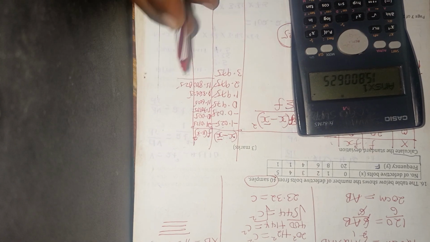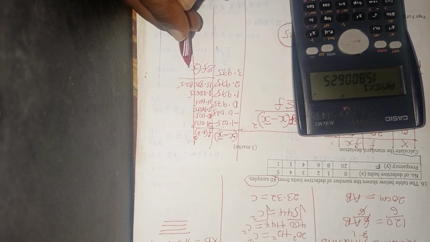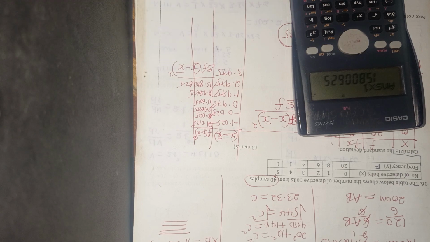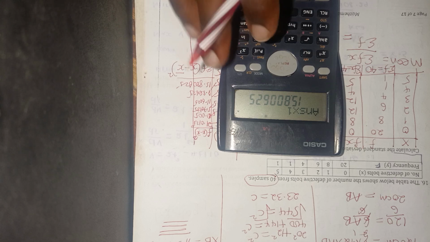So you're going to get the summation of f into x minus x bar squared. You'll add all those numbers so that we can get the answer.